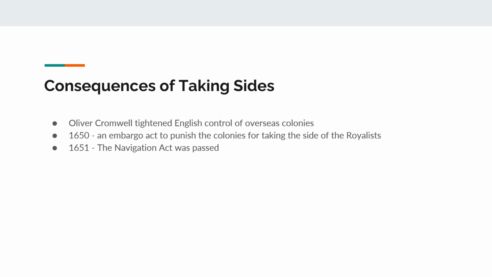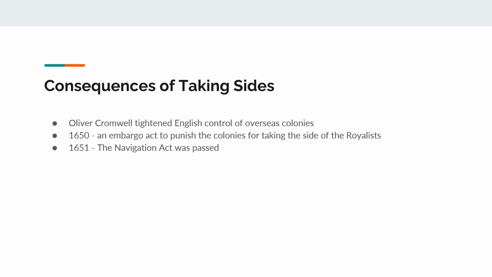A lot of the governments in North America had been pretty much left alone to do as they pleased. And it's here in 1650 that, because specifically Virginia taking the side of the Royalists, Oliver Cromwell decides he needs to start taking some more control over what's actually going on over there.